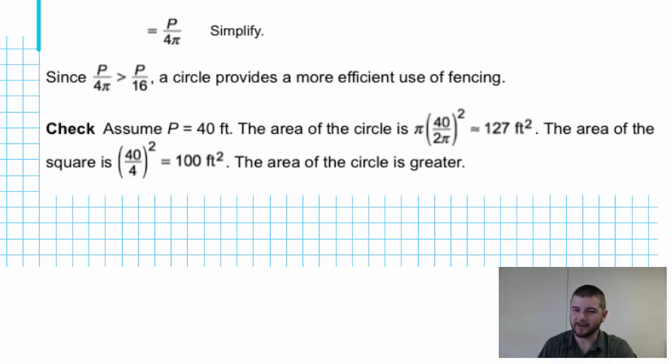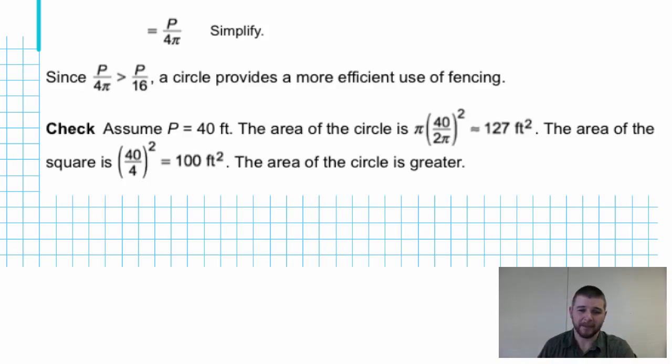Thinking about what that does to the fraction with the common numerator of p, that makes the fraction greater. Right? Smaller denominator, greater fraction, assuming numerators are equivalent. So there we go. P over 4 pi is greater than p over 16, so a circle provides a more efficient use of fencing. Interesting.